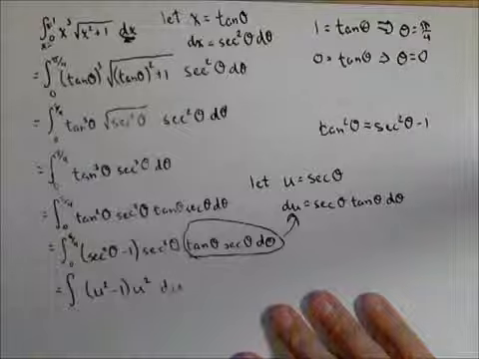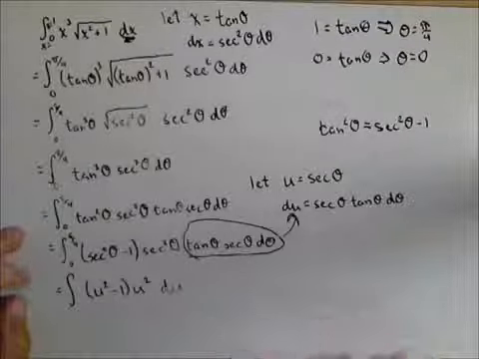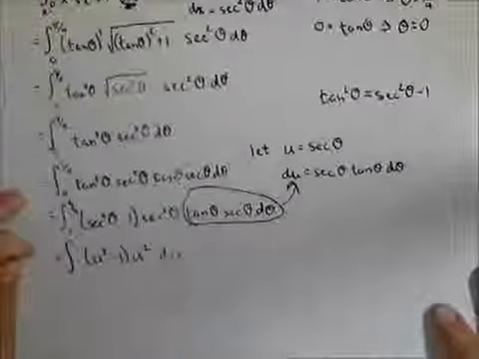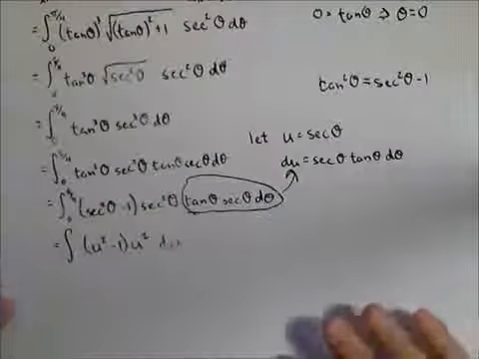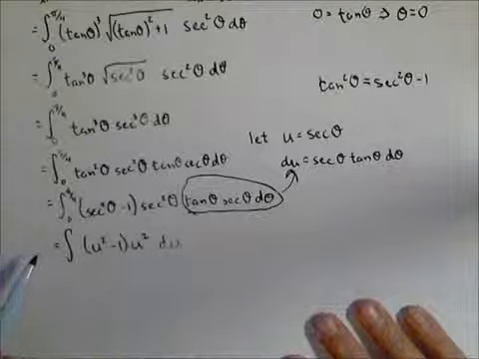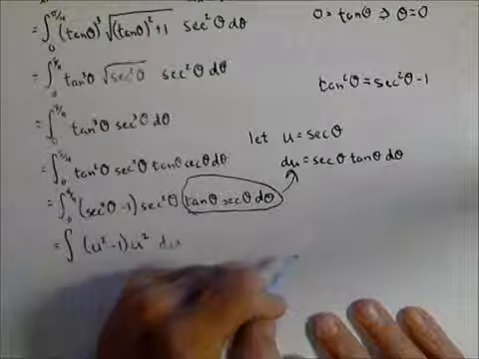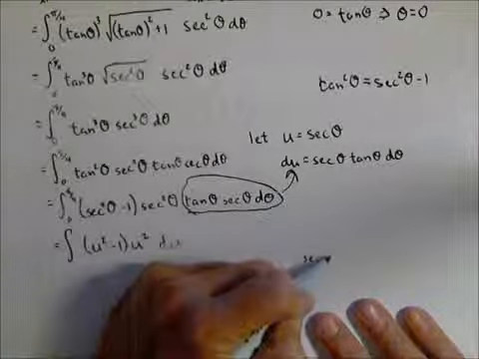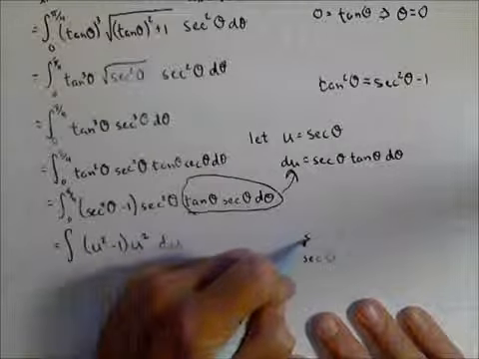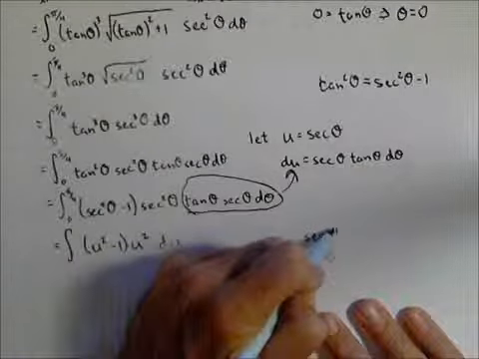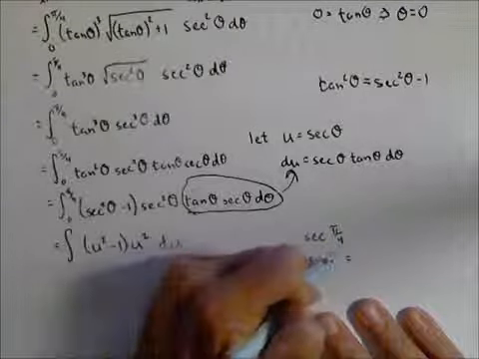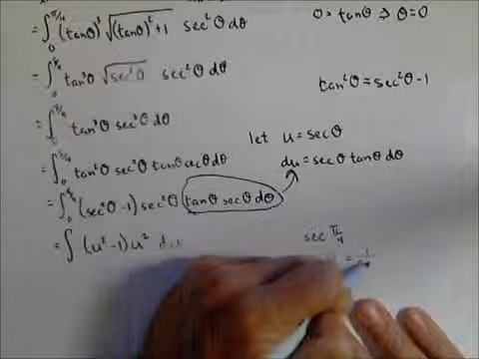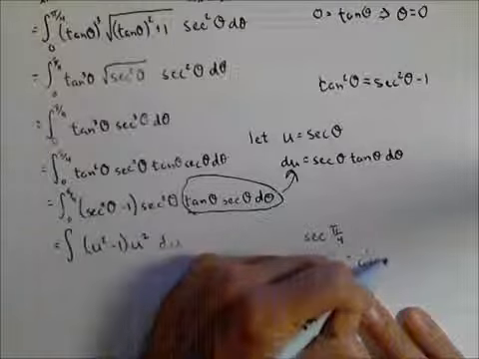Now, the other thing we're going to do, remember that I changed the limits to be in terms of theta when I substituted in theta. Now that I'm putting in u, I'm going to have the limits be in terms of u. So that means my lower limit is the secant of 0, and my upper limit is secant of pi over 4. Secant of 0, that's 1 over cosine of 0, which equals 1.